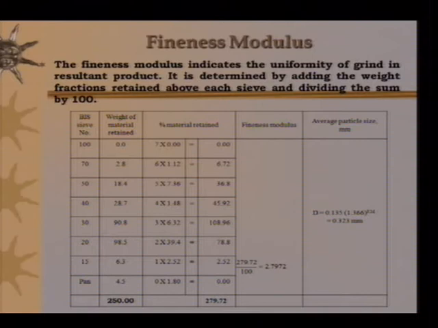And for wheat or whatever you have ground, if you want to know the average particle size, that can be given by the equation D = 0.135 (1.366)^FM, where FM is the fineness modulus which you have just calculated, and this will give you the average particle size.